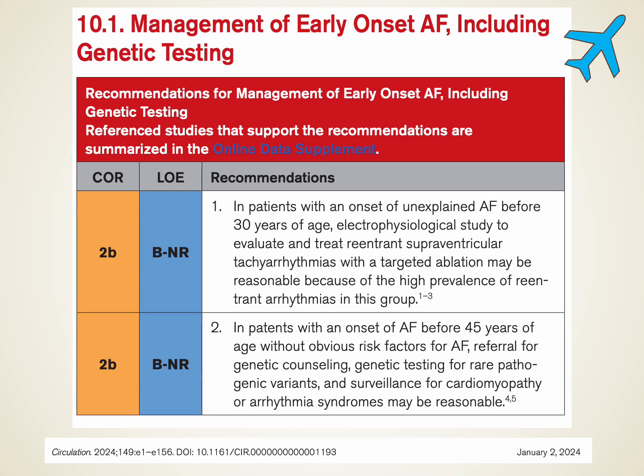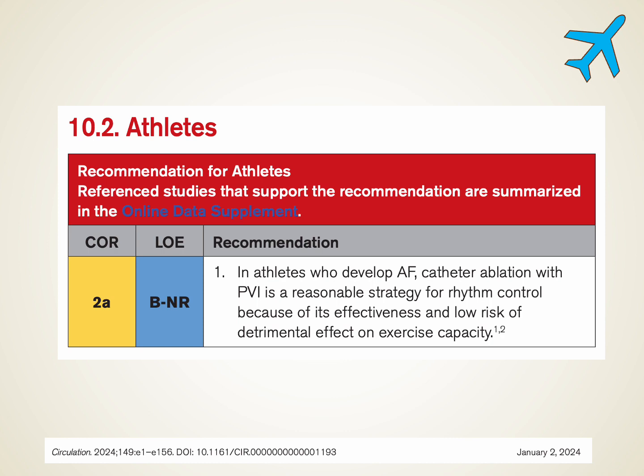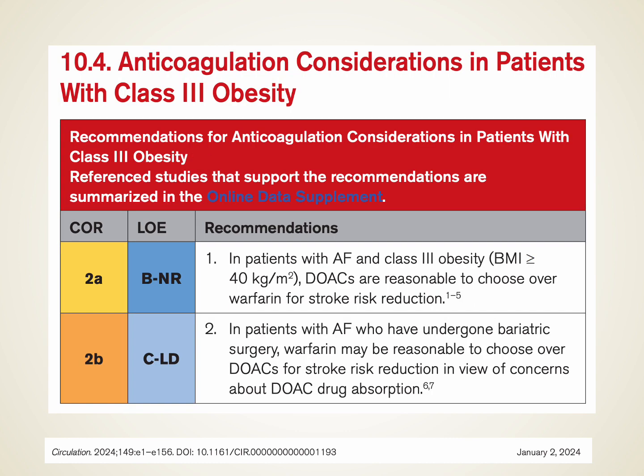Other issues that we'll see here include genetic testing and the role of genetic testing, which is really not strong recommendations. There are specific recommendations for athletes, recommendations to consider in patients who have higher weights, particularly BMIs above 40. And we often will look at some of the anticoagulants.